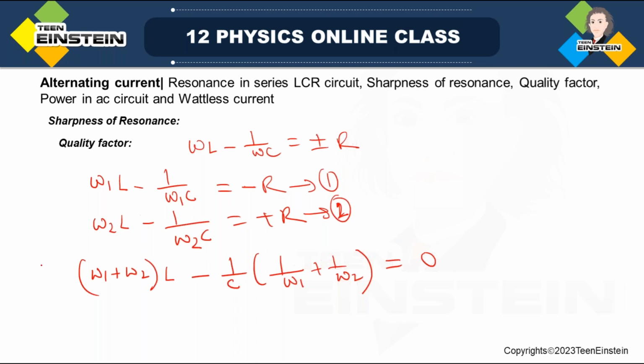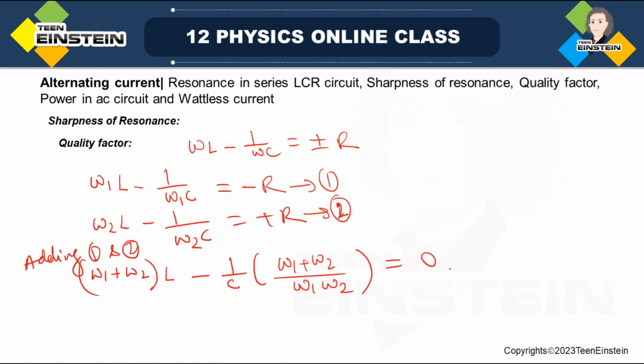I'm just adding 1 and 2. Okay, so this term I'll just do the LCM and write directly omega 1 plus omega 2 divided by omega 1 omega 2, right? So this is the thing we have got. On the right hand side there is actually 0.